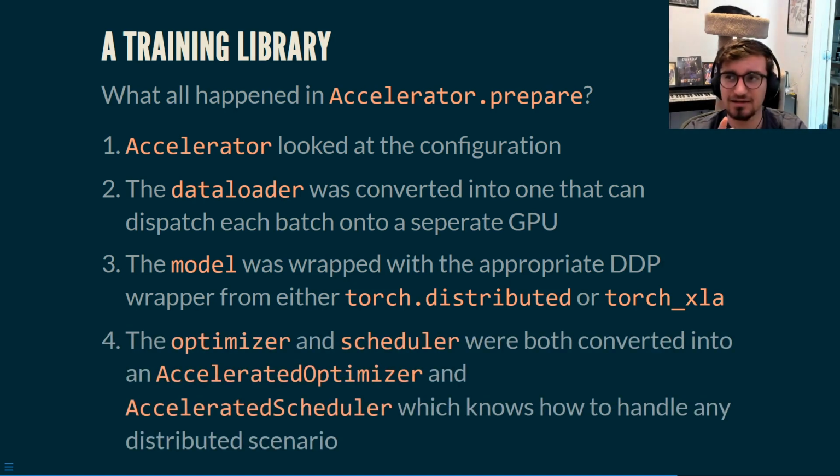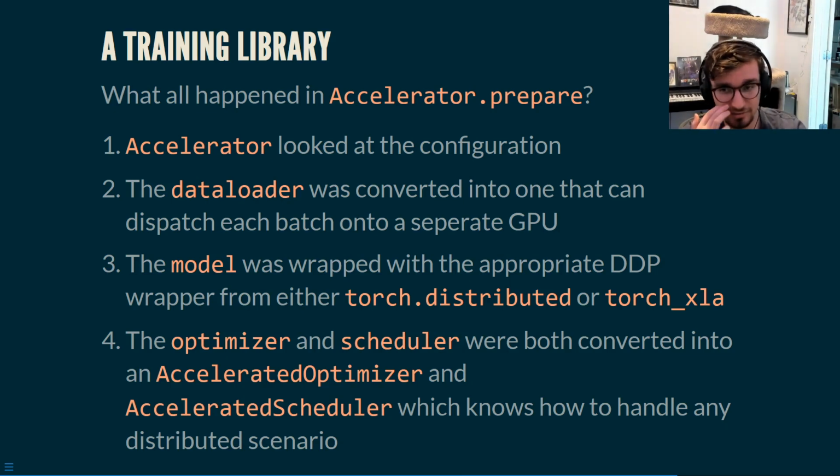And then finally, we need to care about the optimizer and the scheduler. So these two were converted into what are called accelerated optimizers and accelerated schedulers. And their basic role is that the optimizer knows when to step, what step function to call. That is why we got rid of the regular optimizer.step there. And instead, we pass that into the accelerator.